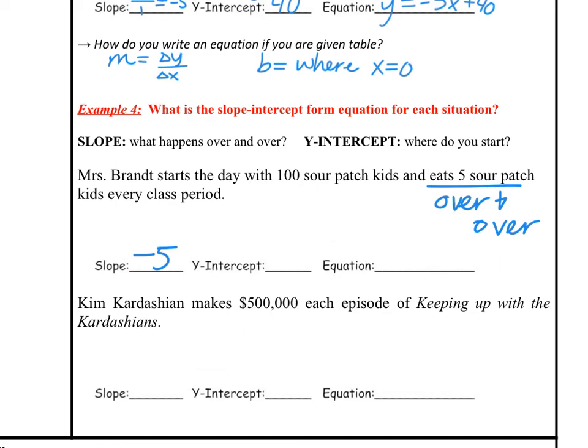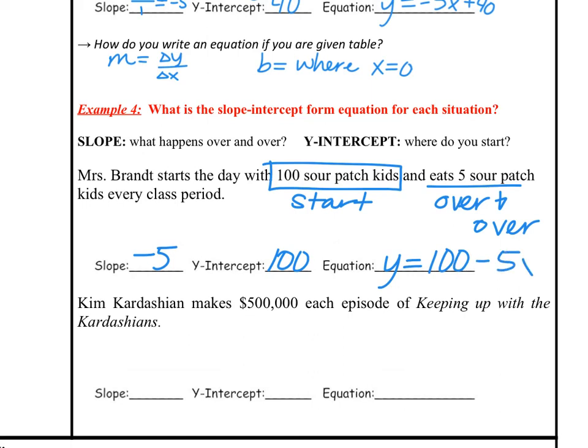And then 100 is where you start. So that would be your y-intercept. Just like you start at the y-intercept on the graph, that's where you're going to start in this problem, at 100. So for my equation, I would probably put 100 minus 5 every class period.